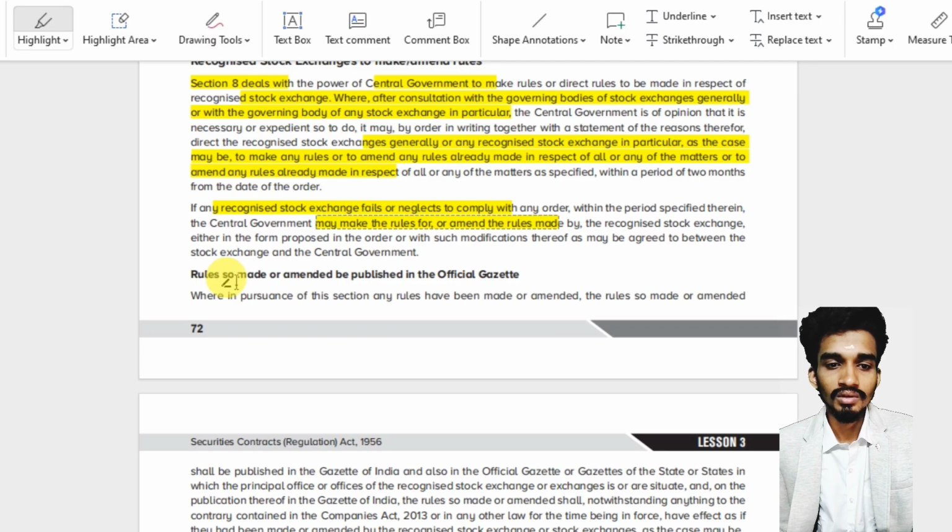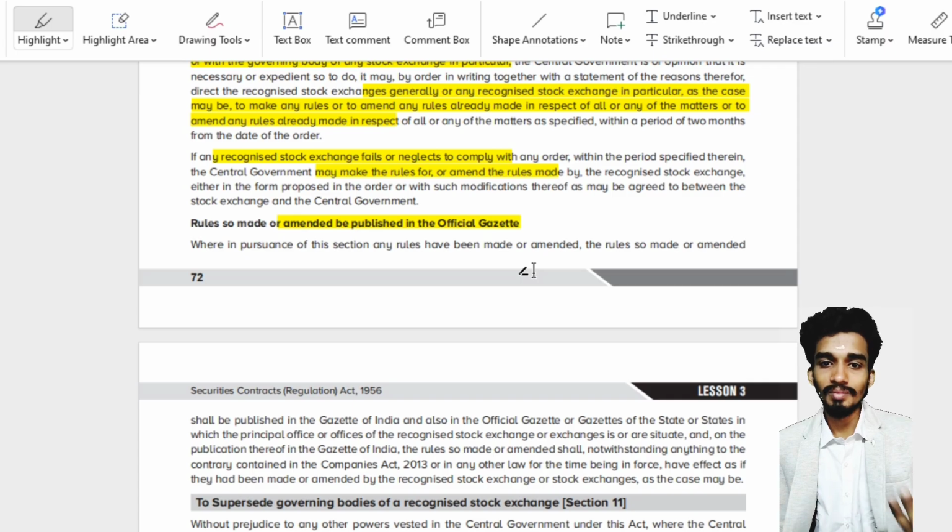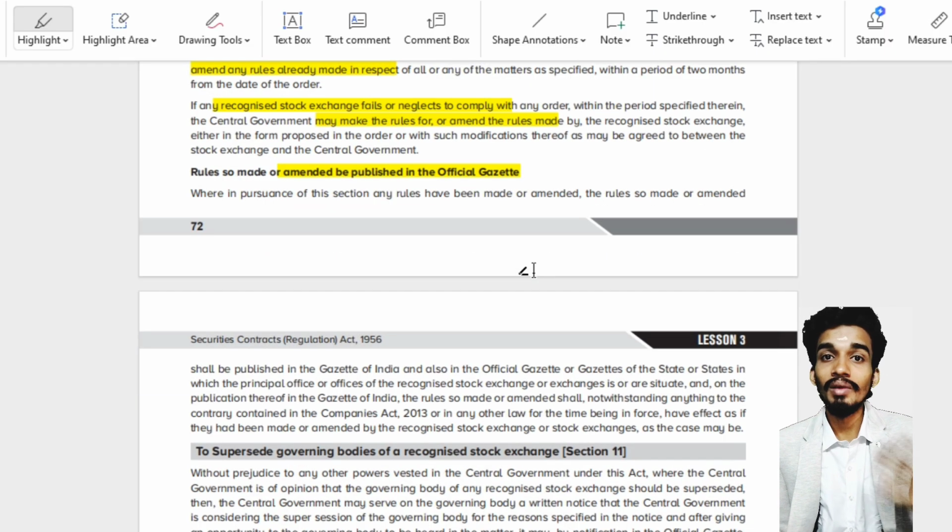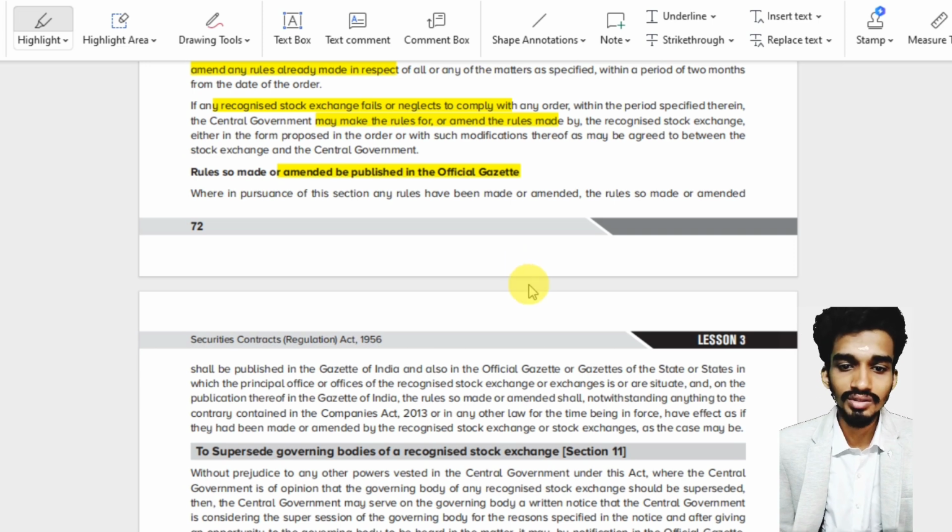Okay, so after amendment, it has to be published in the official gazette. Then only the general public or everyone knows that the rules have been amended. So by looking in the official gazette, the stock exchange and the general public will be aware of the new rules and regulations.